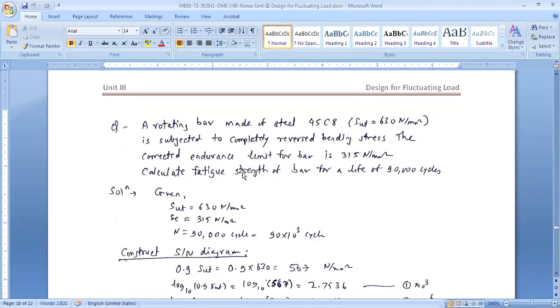So what they have asked: calculate the fatigue strength of a bar for a life of 90,000 cycles. 90,000 is 9 into 10 raised to 4, so we have to take log to the base 10 of 90,000.